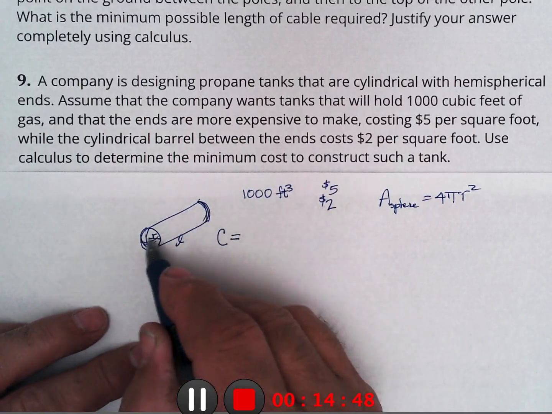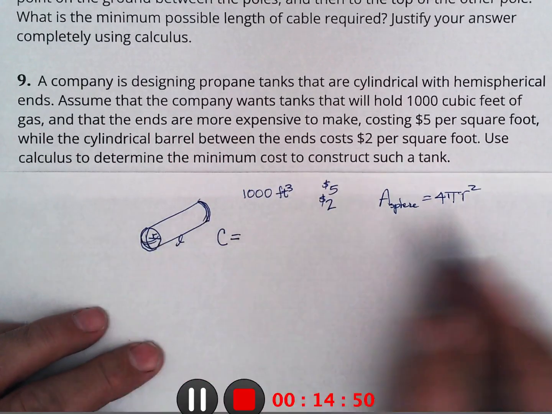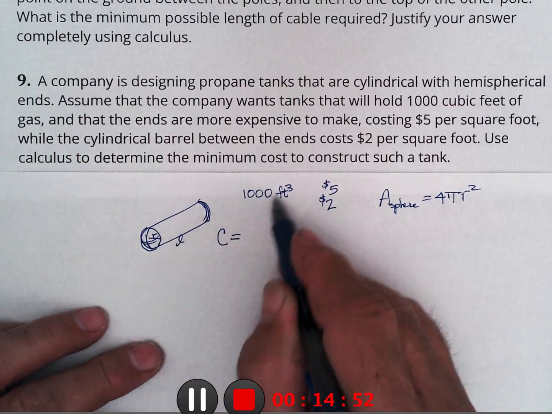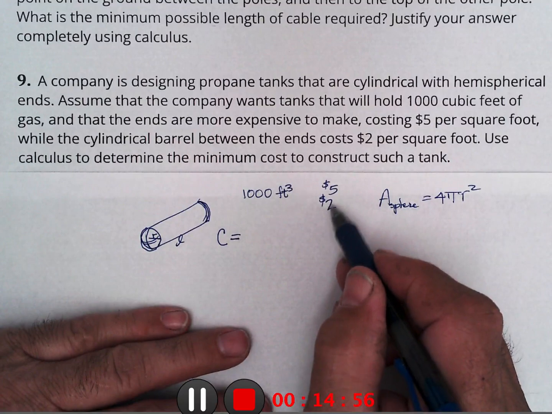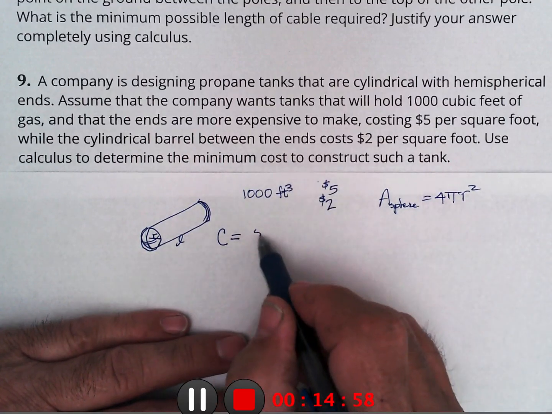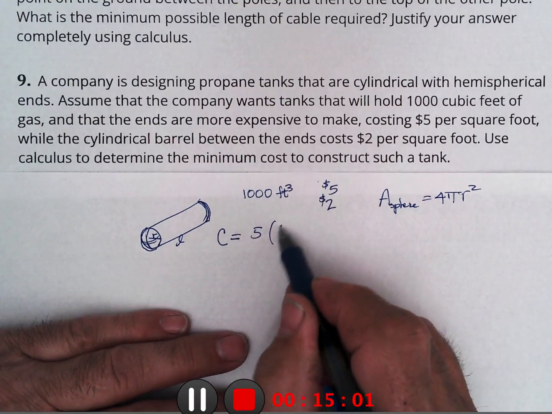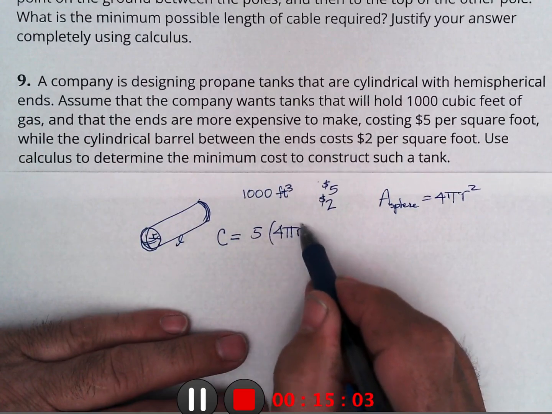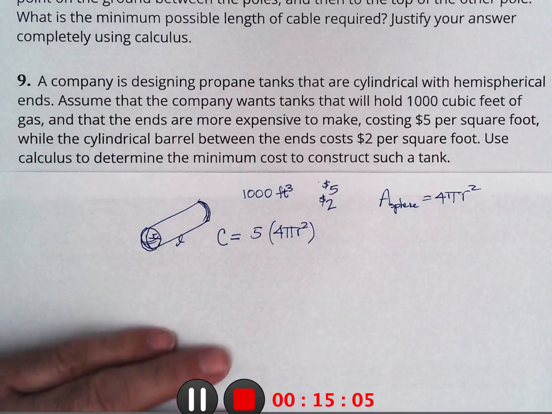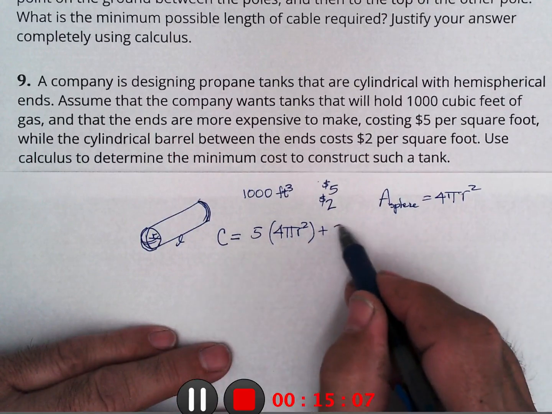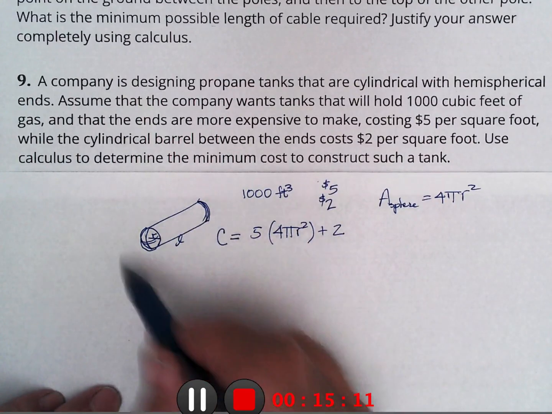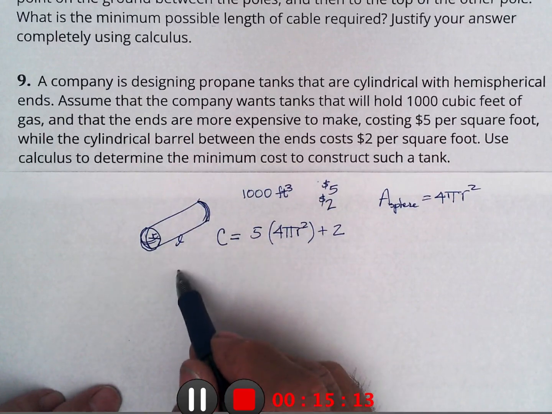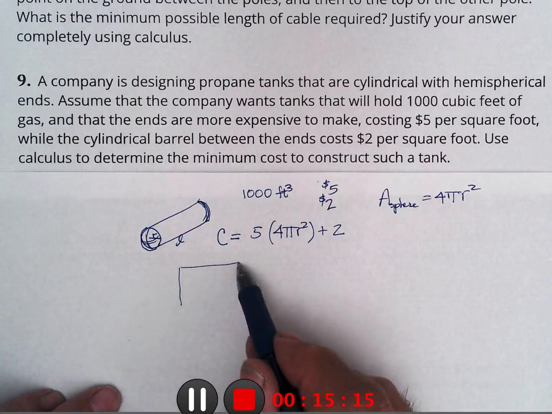And that's the only measurement we have, r as our radius, and so we're going to set the cost of the ends, the more expensive one, to be $5 times 4 pi r squared. There's the cost of the ends, plus $2 times the area of the sides. And if I take a tank and slice it up the side and lay it out, it's a rectangle.